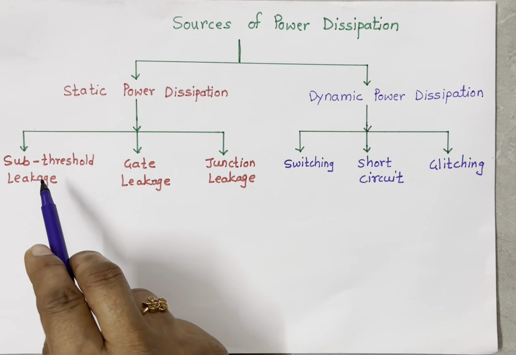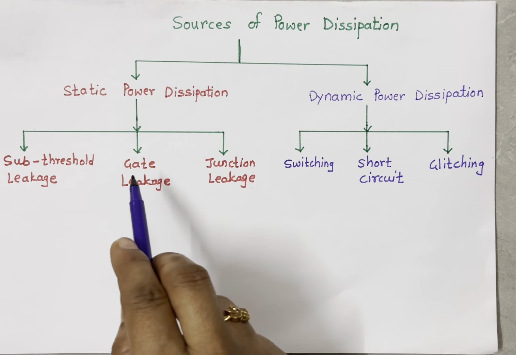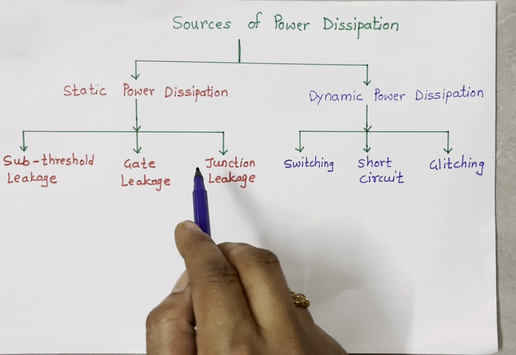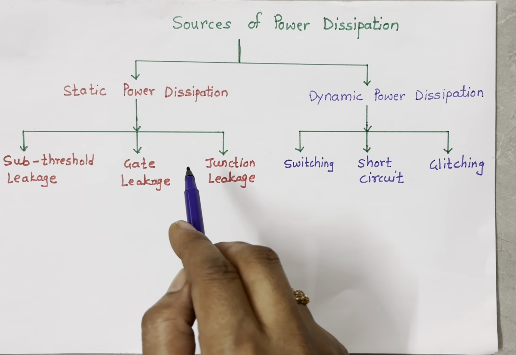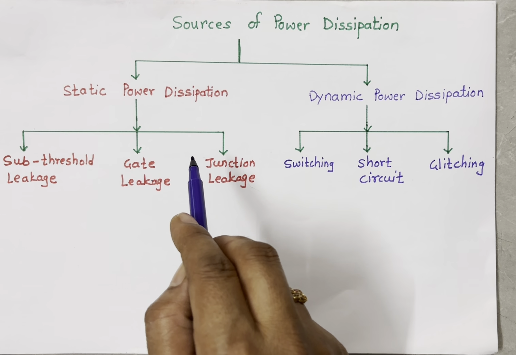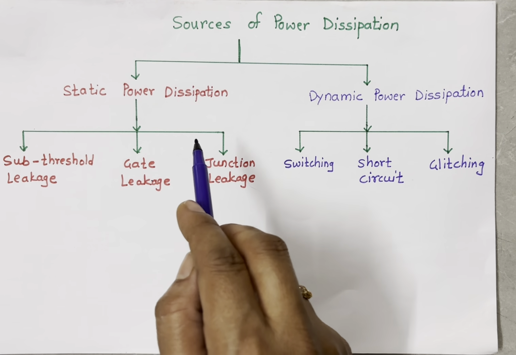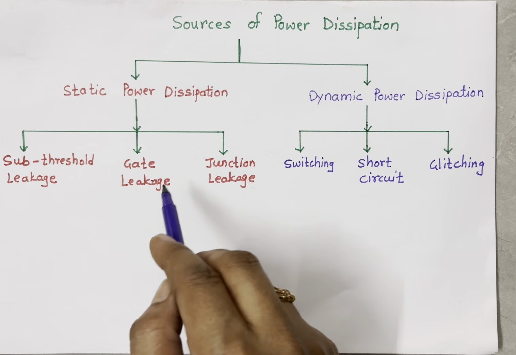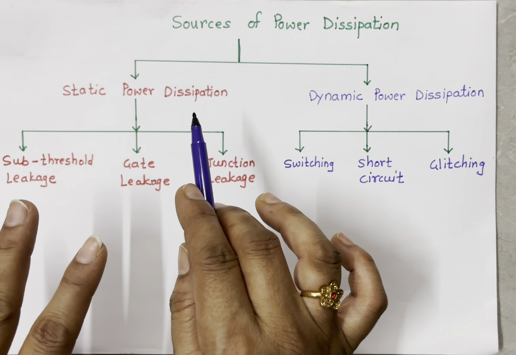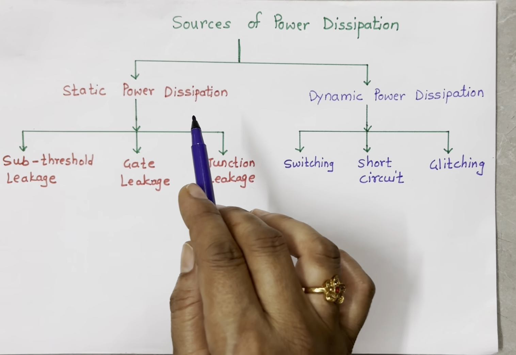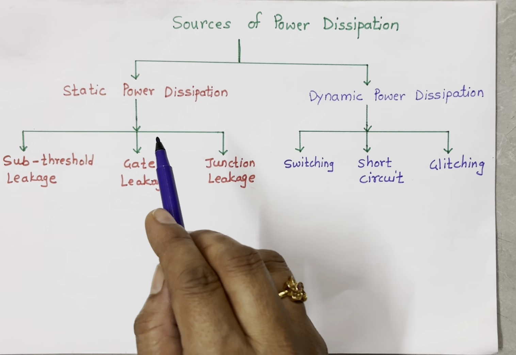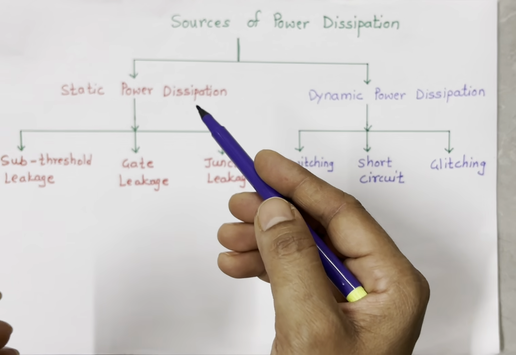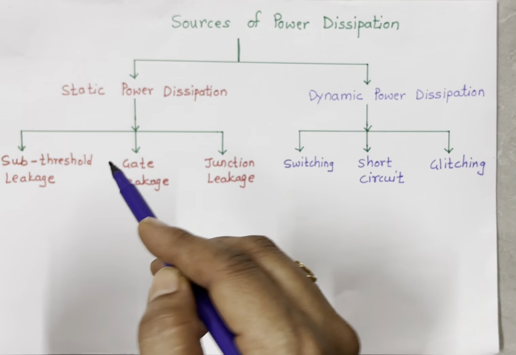It is because of subthreshold leakage, gate leakage, and junction leakage. Because of higher supply voltage, leakage current increases, or when temperature increases, leakage current increases. And smaller technology nodes can have higher leakage currents due to increased gate oxide leakage.